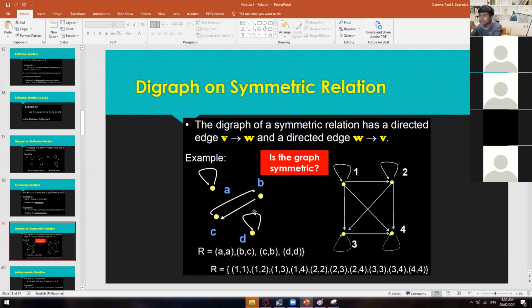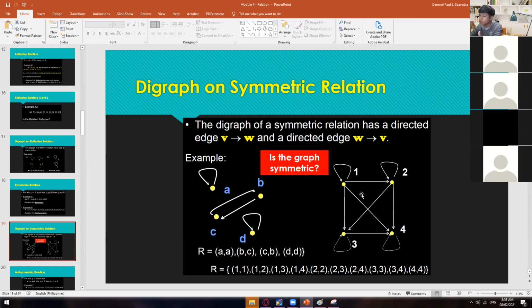For (c,b) and (b,c), as you can see, if c goes to b, there should also be b going to c. It will go back, or it mirrors itself. The same with this example: 1,1, 2,2, 3,3 and 4,4, no problem on those. But for (2,1), oops, (1,2), no.